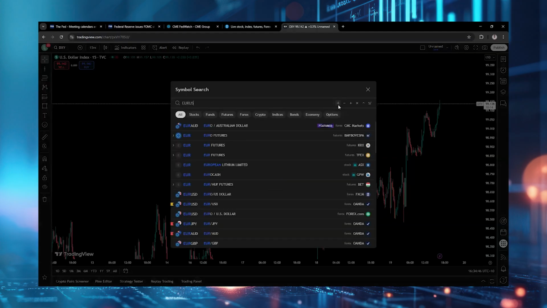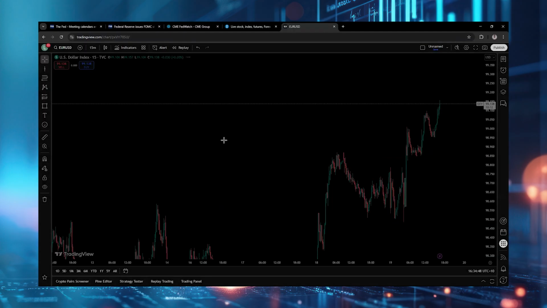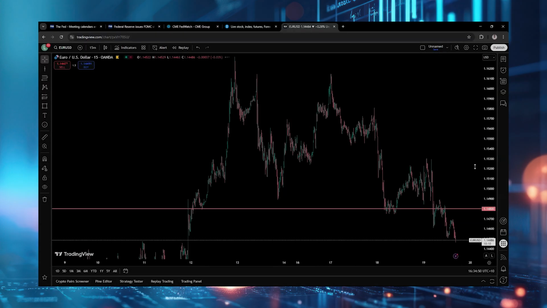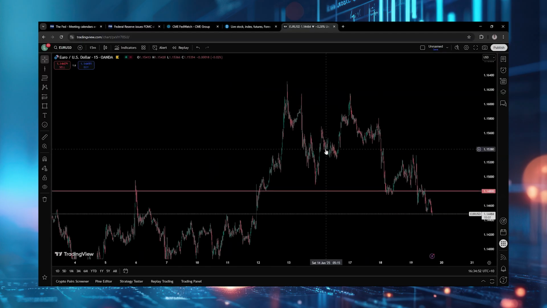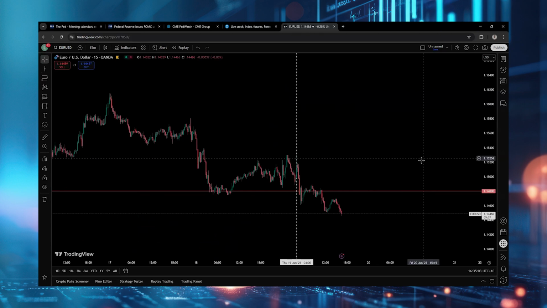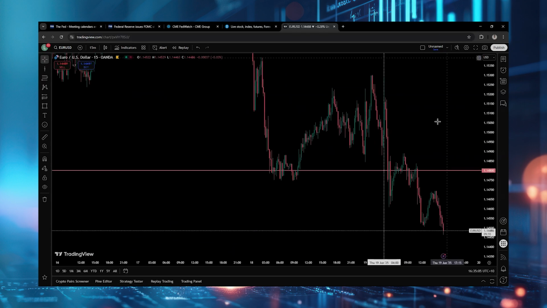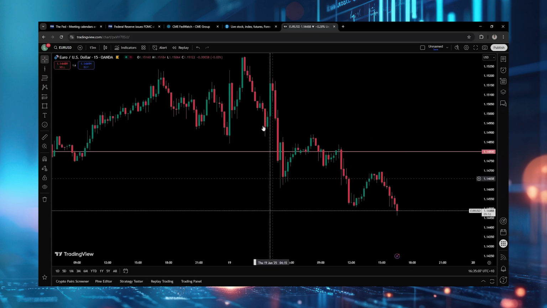If we look at euro dollar, for instance, euro dollar is falling quite well since the morning, 4:30 a.m. Let me put it that way so you can see. Yeah, so 4 a.m. was here. That's when the interest rate decision came. So it was even a good pullback to short it.